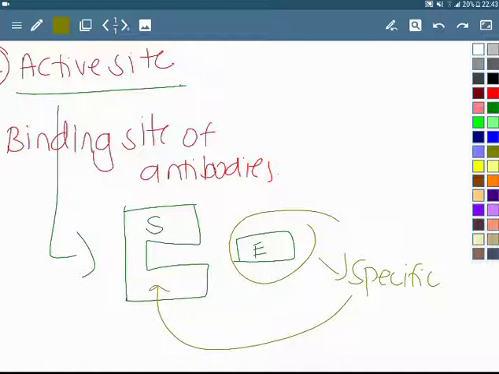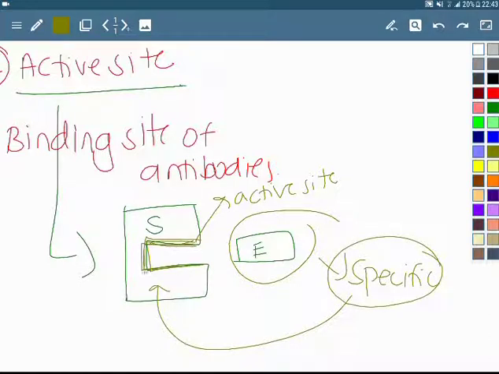Why? Because this part is called the active site. Now, the reason why it's specific is because the active site is made in a specific shape that only the substrate can fit in it perfectly.